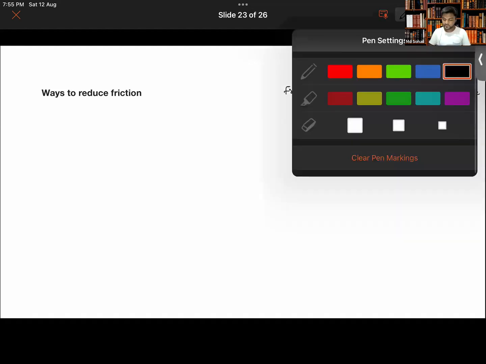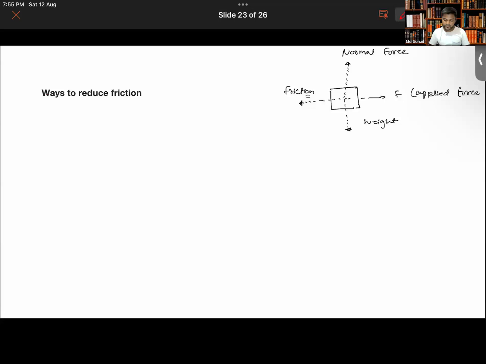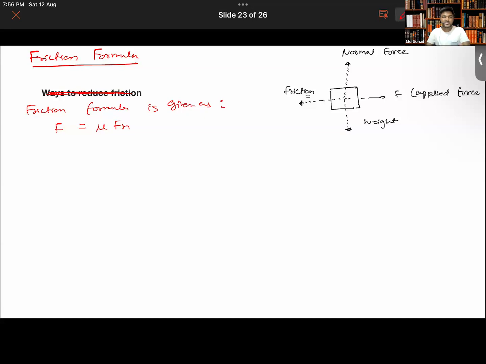Okay, the friction formula is typically given like this. Friction equals F1 here. Now, what are these values here?